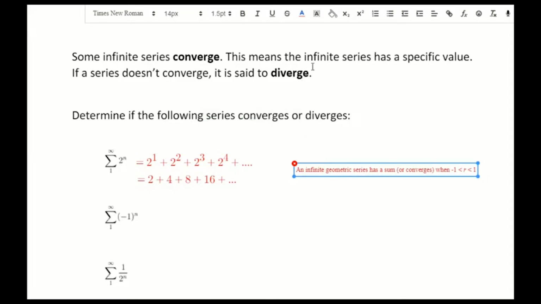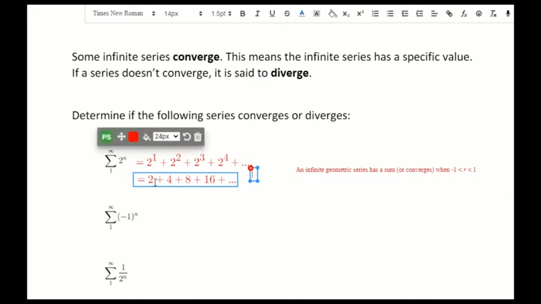So we say this thing diverges. Now later on, when you get to calculus, it might be important to know how it's diverging. This particular one goes to infinity, right? So if these were all negative, like let's say it was -1 times 2 to the n, and this was -2, -4, -8, -16, then it would tend towards negative infinity.